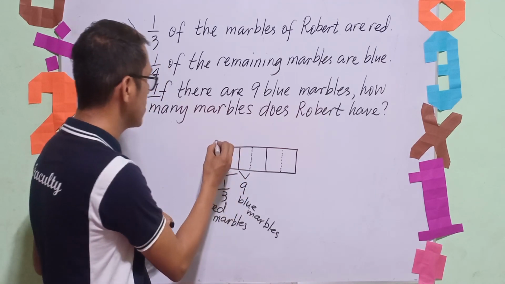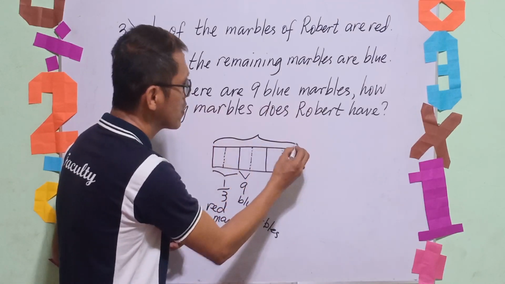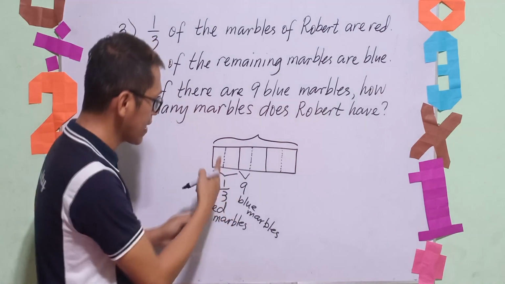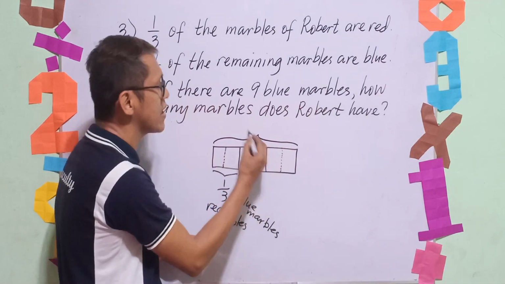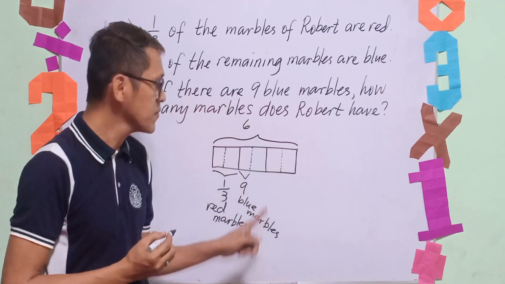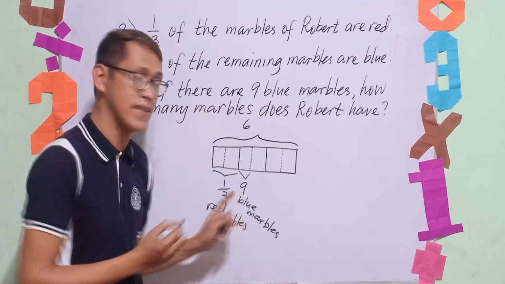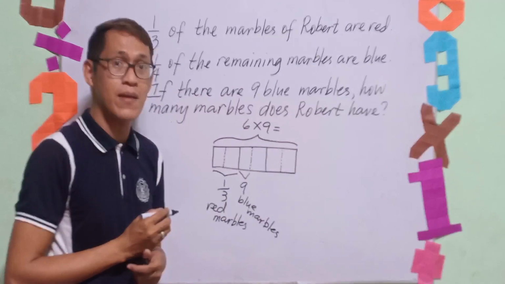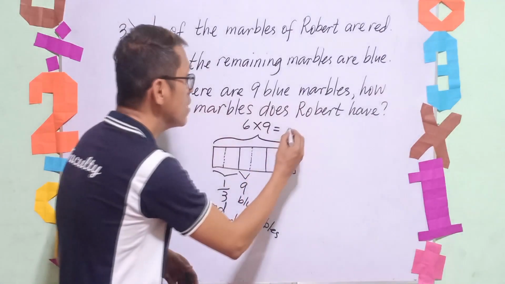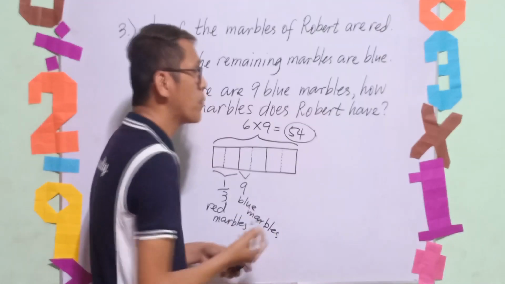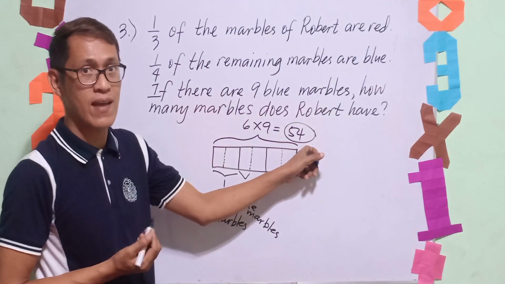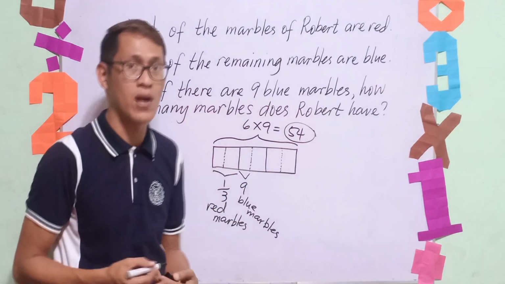So how to get the total marbles of Robert? Yes, there are 6 equal parts, and each part is 9. So 6 times 9, correct. So what is 6 times 9? 54. So Robert has 54 marbles altogether. That's the total number of marbles of Robert.